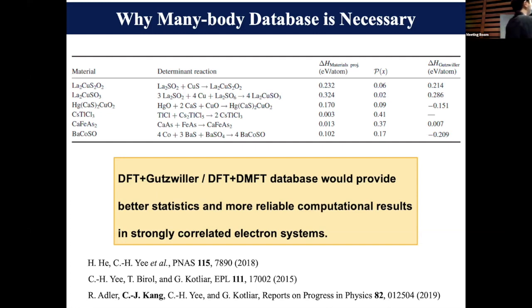Then after we find the chemical reactions, we compute the Godzilla formation energy again, and we found that the Godzilla formation energy gives a reliable result compared to the experimental data. The question is whether you would want to invest a lot more time. Right. In order to do that, we need to construct the Godzilla database, but you know, it's very time consuming.